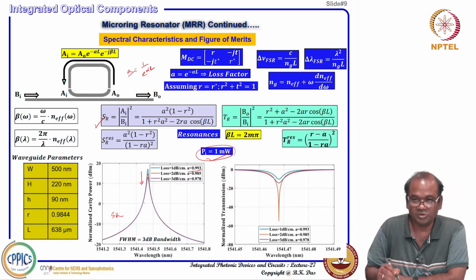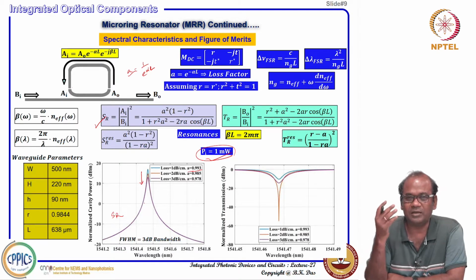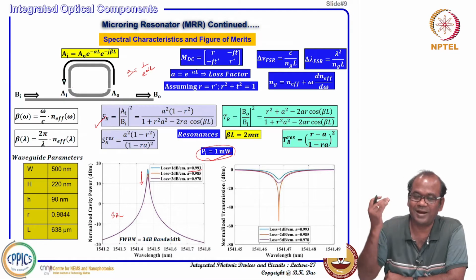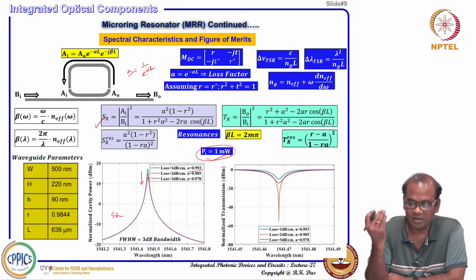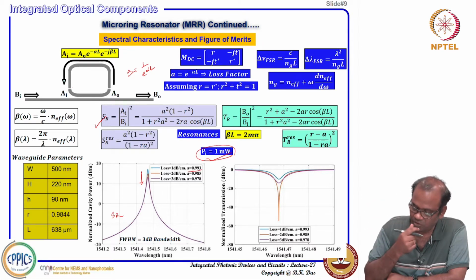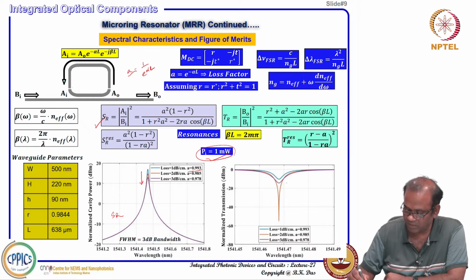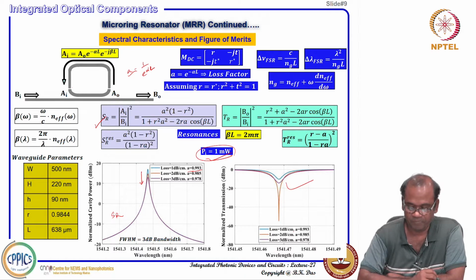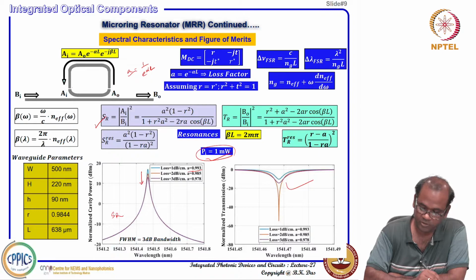So, if you can fabricate your waveguide with low loss, well designed, and the technology is very good so that you do not get much scattering loss in the waveguide, then you can store more energy inside the microring resonator. At the same time, the transmission will also be varying. When loss is increasing, the extinction in the transmission can also be controlled depending on the loss factor. So far so good.